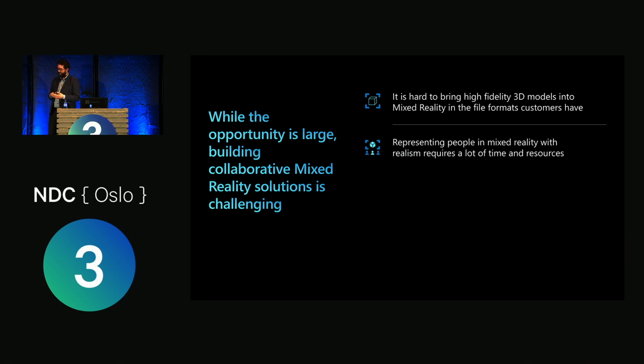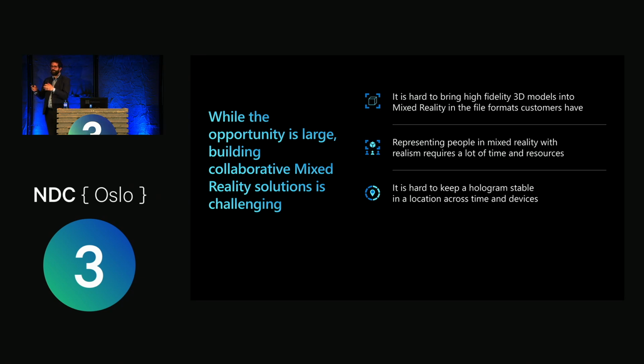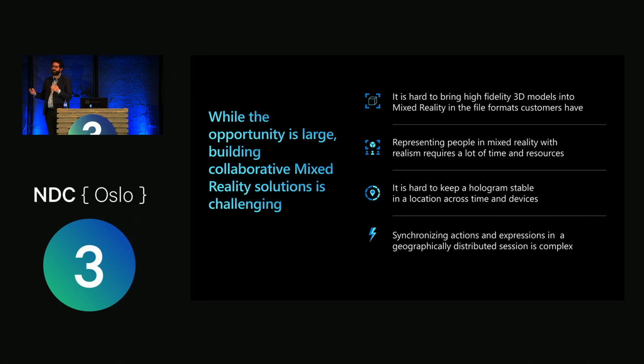Another problem is that it's hard to represent people in 3D. Whether you're using avatars or another system, it's not a trivial problem in terms of development effort to solve. Another is the anchoring problem. How do you anchor things so that people are seeing things at the same time, at the same place? And the last one is how do you synchronize all the actions of all the users? So basically networking.